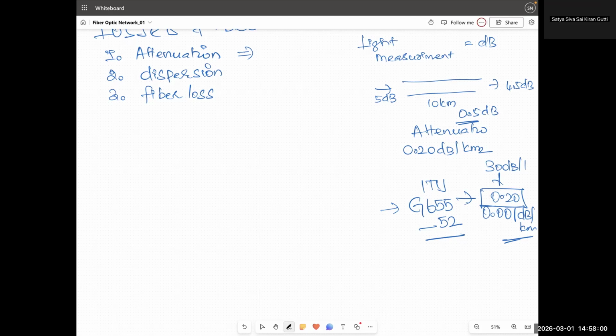So this is called fiber attenuation. Losing the power every kilometer is called attenuation. Why this is happening is because of the hydroxyl ions in the glass medium. While manufacturing the fiber, some air particles, water particles, or humidity get trapped inside the fiber. That is unavoidable.